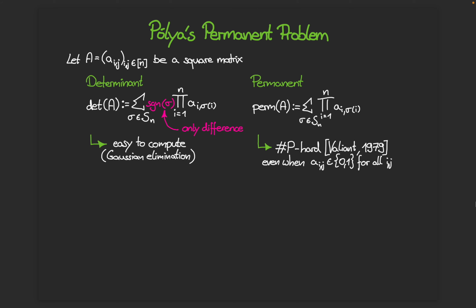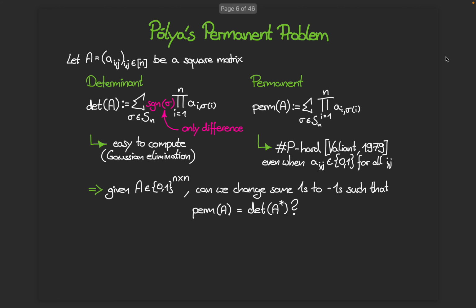I said these two expressions are almost the same. The only actual difference between them is this sign factor here in the determinant. Because the only difference is this minus that pops up sometimes in the expression of the determinant, a question you could ask is: if I give you a 0,1 matrix A, maybe I can turn some of the ones into minus ones and somehow simulate these minuses, so that for the new matrix A star I get by doing this operation, its determinant actually gives me the permanent of the original matrix.